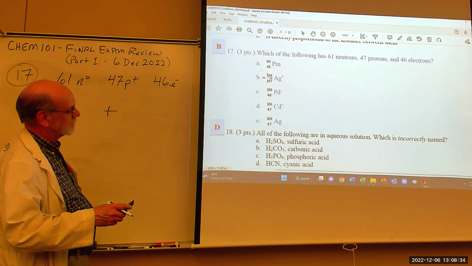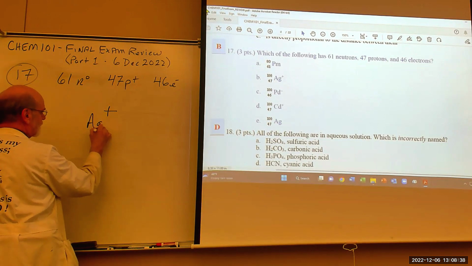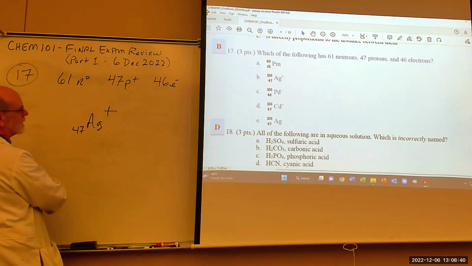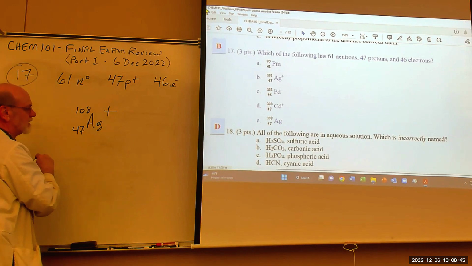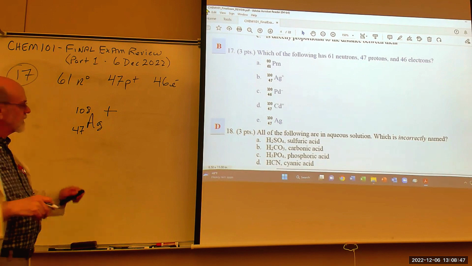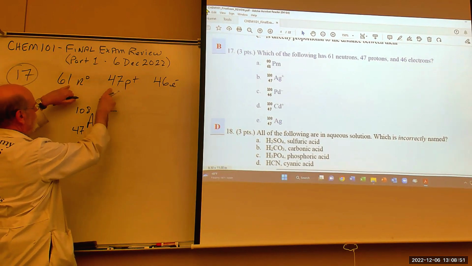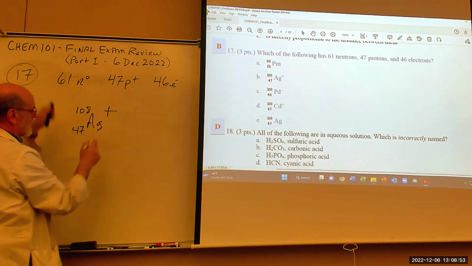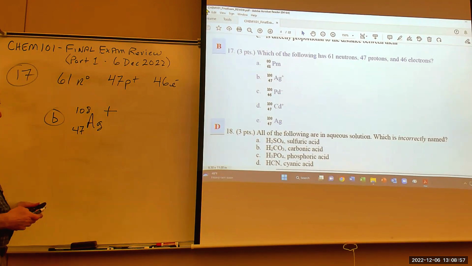Silver. With 47 protons and 108 nucleons, summation of these two. Let's see, is that right? 7 plus 1 is 8, 4 plus 6 is 10. Yep, that's the one. B is the answer.